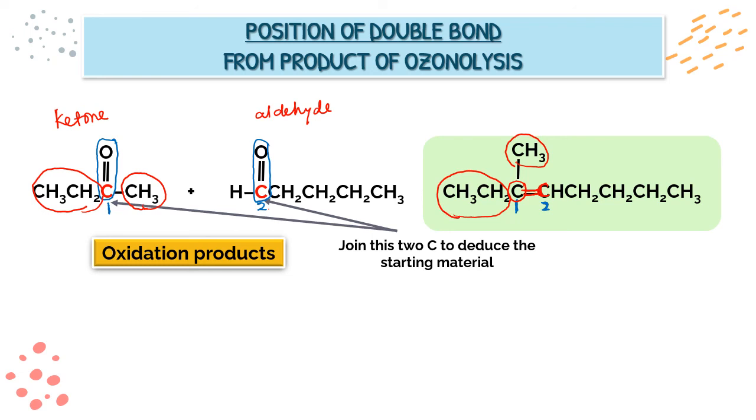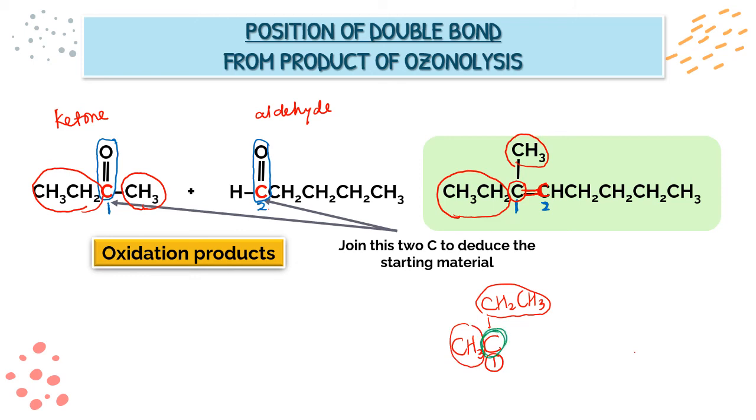The position can be exchangeable. What do I mean by that? You can also write CH2CH3 and CH3 like this. This is carbon number 1, so it is also accepted.